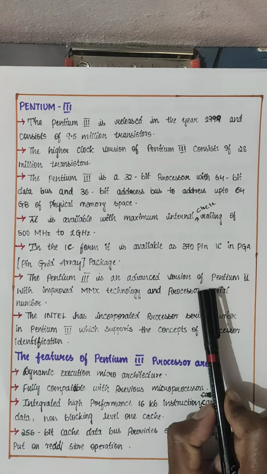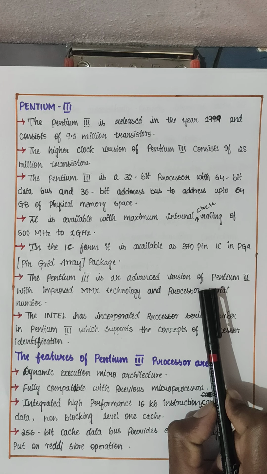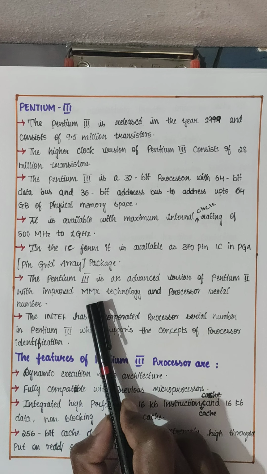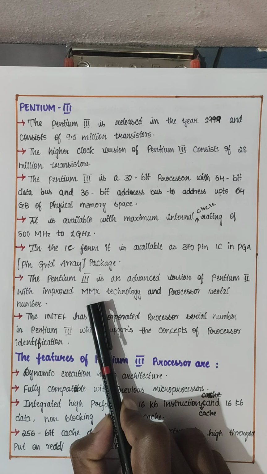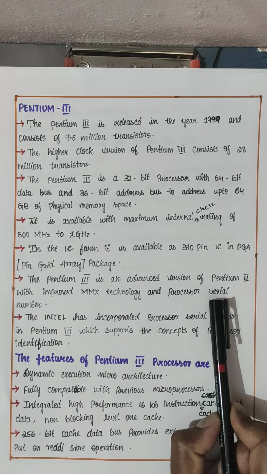Pentium 3 is an advanced version of Pentium 2. One more important improvement was MMX technology and the processor serial number. Each and every processor is given a serial number for the identification process.